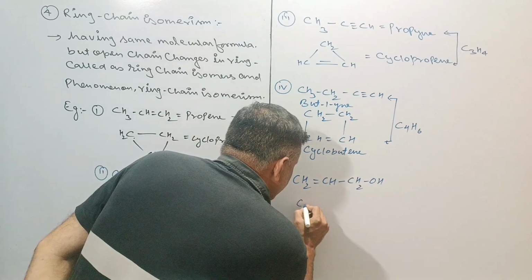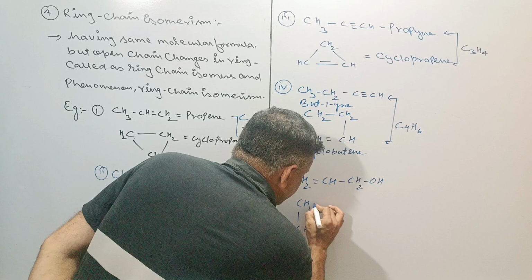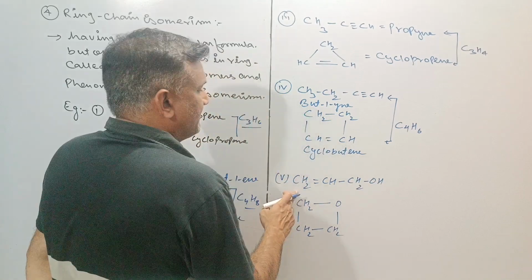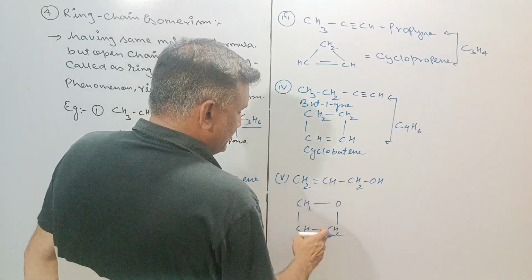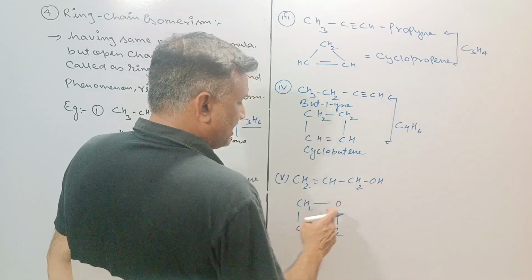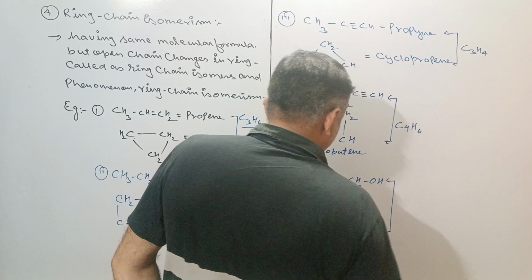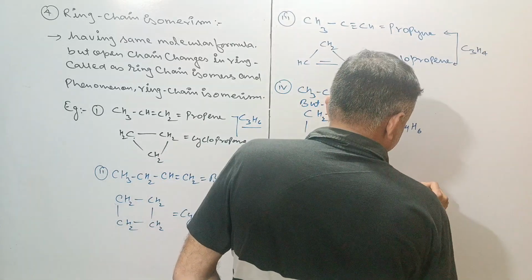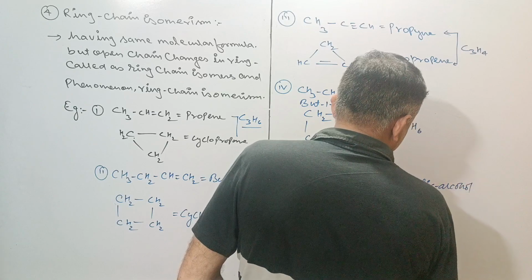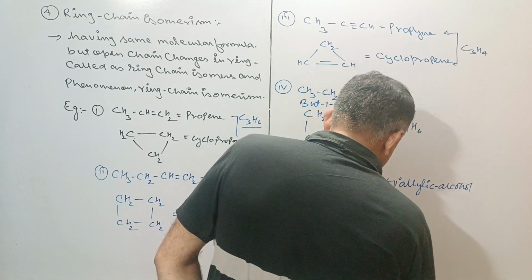This is CH2, CH2, O, and CH2. The number of carbon atoms is 3, hydrogen is 6, and O. So this is the unsaturated alcohol, an allylic alcohol, a primary allylic alcohol, and this is called trimethylene oxide.